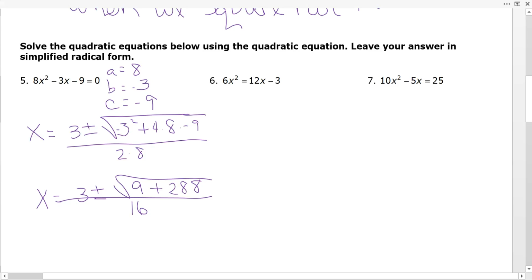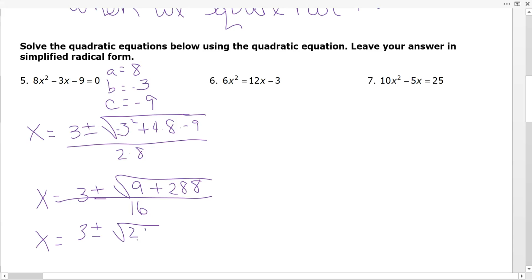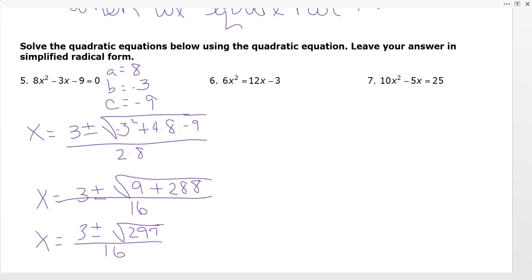So I have x equals 3 plus or minus the square root of 297 divided by 16. And 297 is 9 times, that's 18 when you add them together.